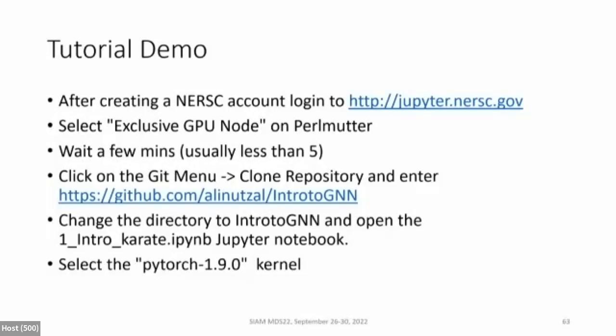That should create a local folder called intro to GNN. You can click into that folder, and on the right hand side, you can open, for example, the first notebook.